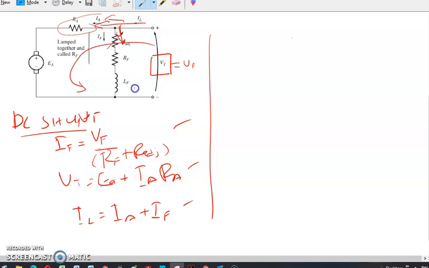Then we further analyze the shunt motor based on the circuit schematic.